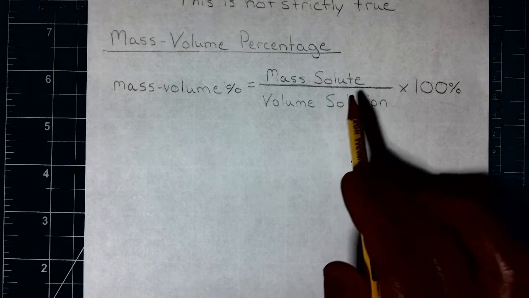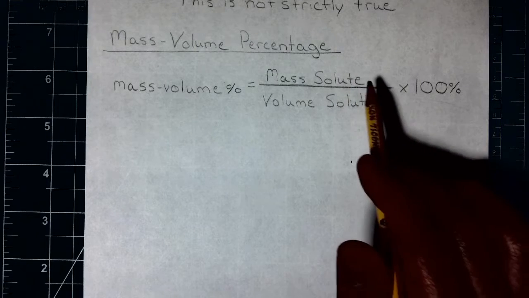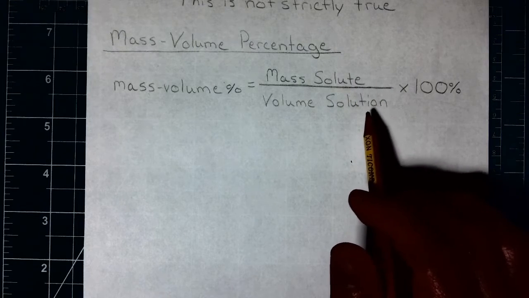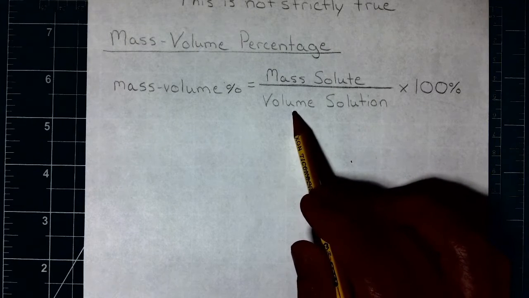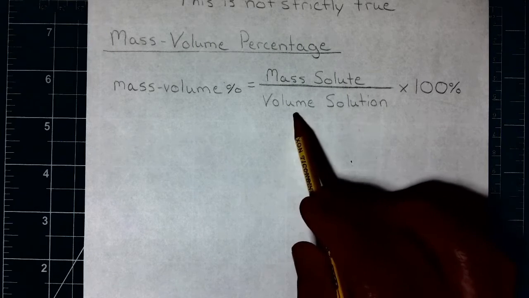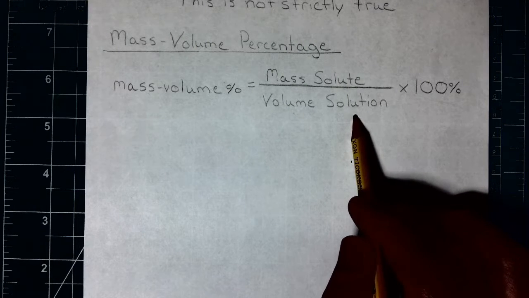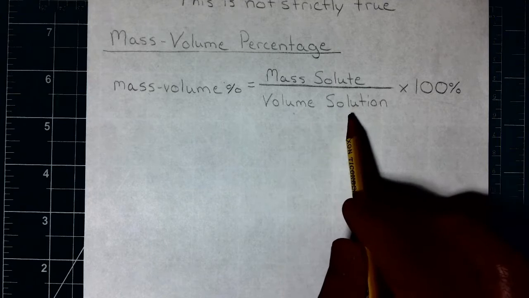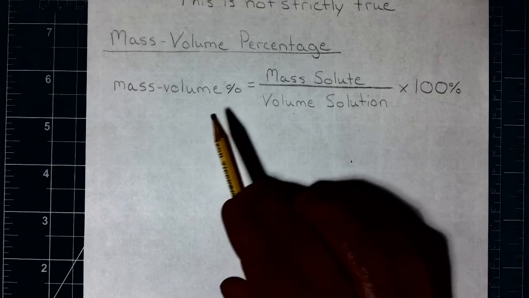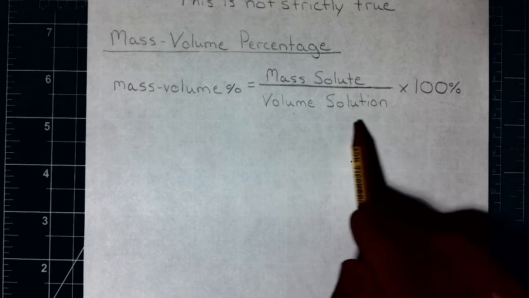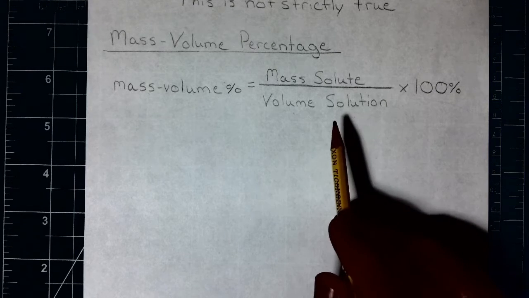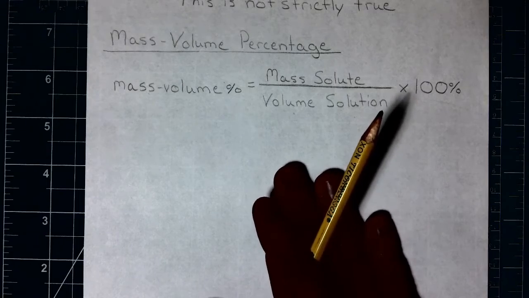This is also kind of a problematic unit for the same sort of reasons, but it is true that when we're dealing with mostly water, the solution has a density very near 1, and the mass volume percentage is really, really close to the mass percentage if we have a sufficient amount of water in our solution.